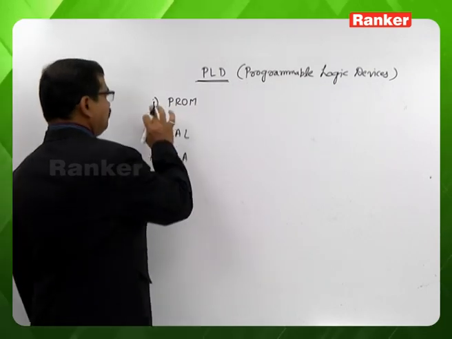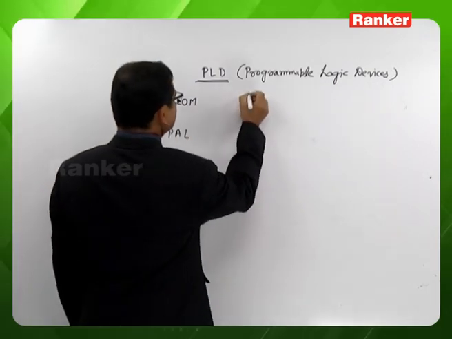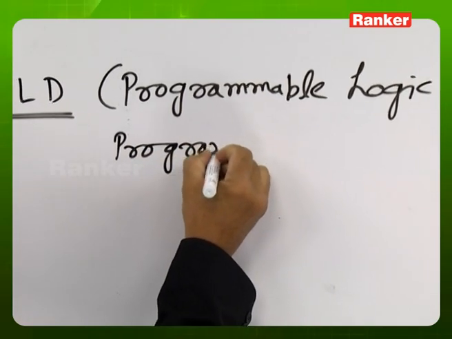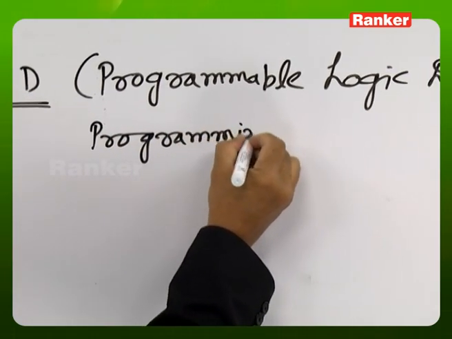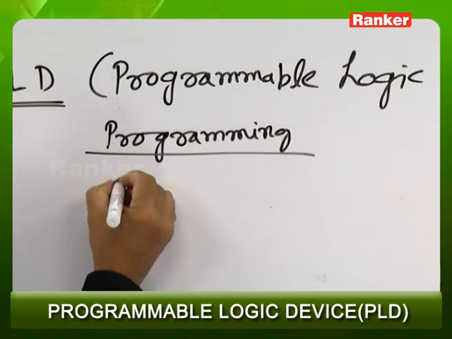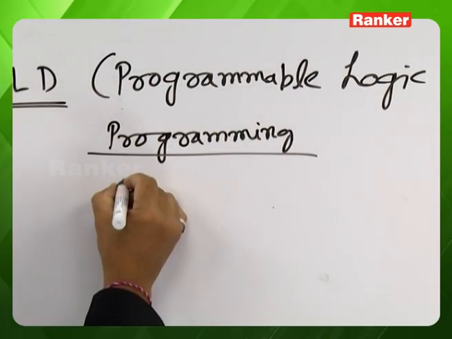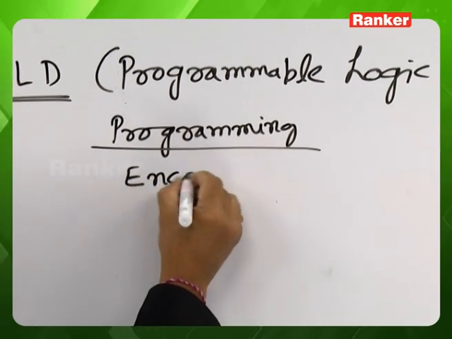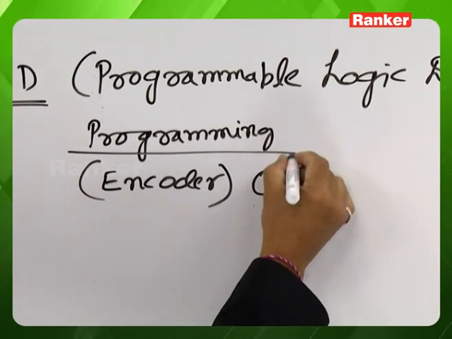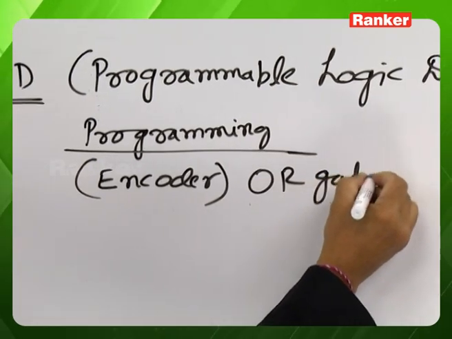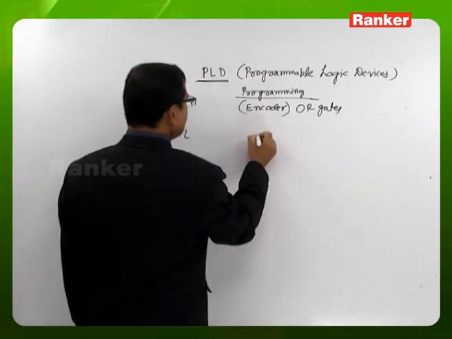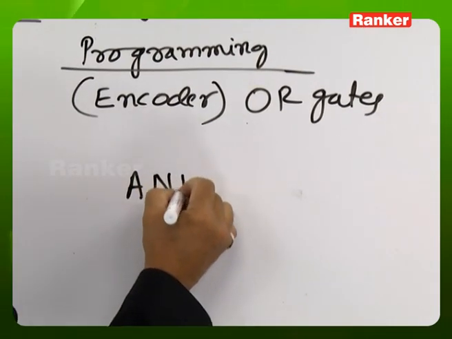In the programmable read-only memories, the hardware programming is in the encoder block. It means the programming is on the OR gates. Whereas in the programmable array logic, the programming is on the AND gates.